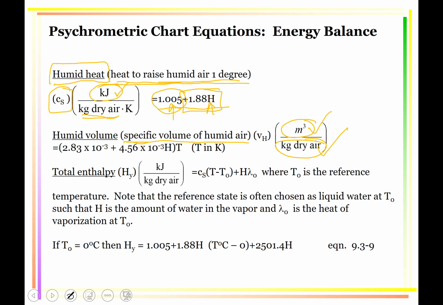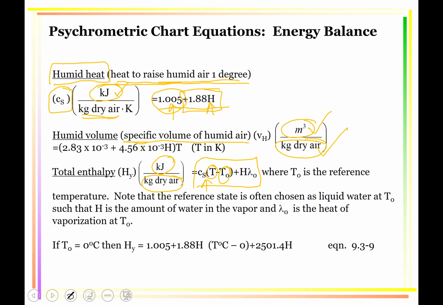Okay, so the total enthalpy is going to be the amount of heat in the dry air. So it's not a heat capacity, it's actually the enthalpy. So it's, again, kilojoules per kilogram of dry air. And this has this ratio, this is going to be the humid heat, and T is the temperature of your air.